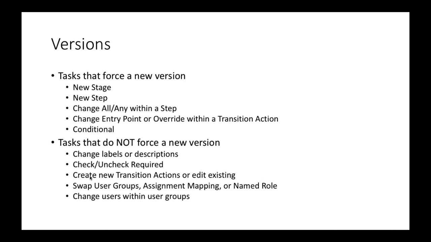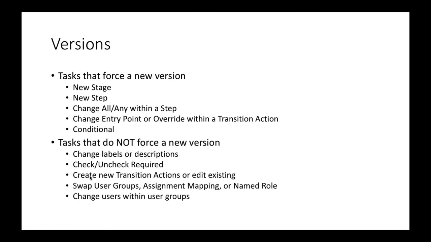These other modifications you can make to a workflow will not prompt a new version. You can make them at any time with no impact. Changes to labeling or descriptive information. Change the name of your stage. Change the name of a step. Change the descriptive information within a step. Change the name of the workflow. All of those kinds of changes do not trigger a version.